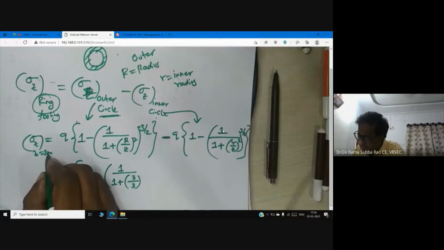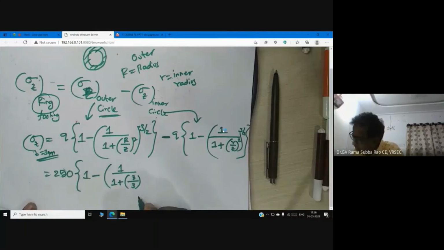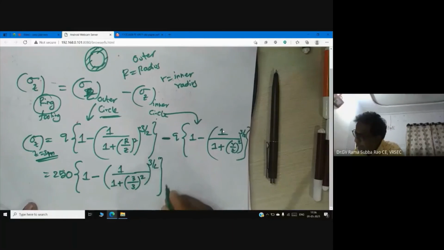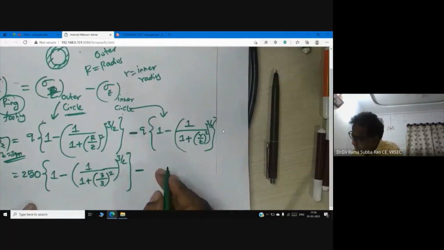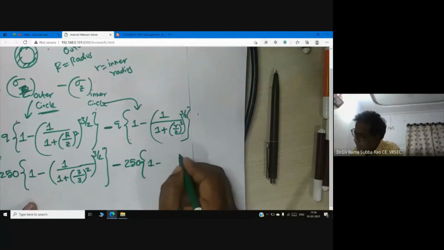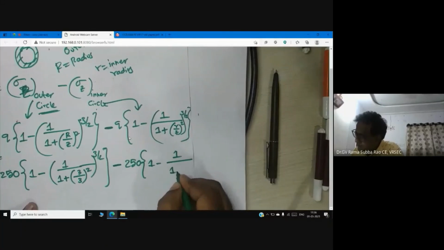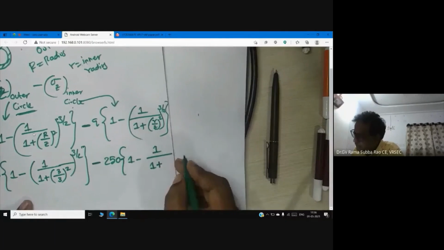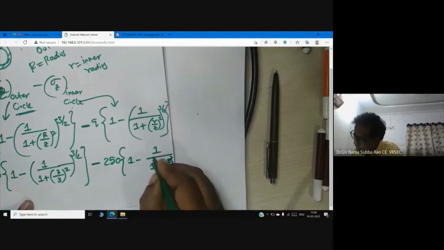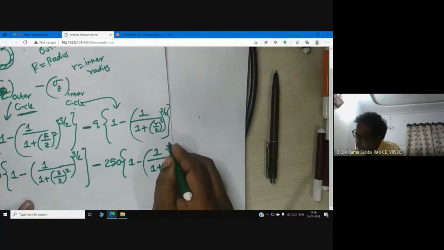Depth, I want to calculate vertical stress at a depth of 3 meter. So now whole power 3 by 2. So minus 250 into 1 minus 1 by 1 plus, here small r is with me just now, 1.5 by z, which is 3, whole square, whole power 3 by 2.